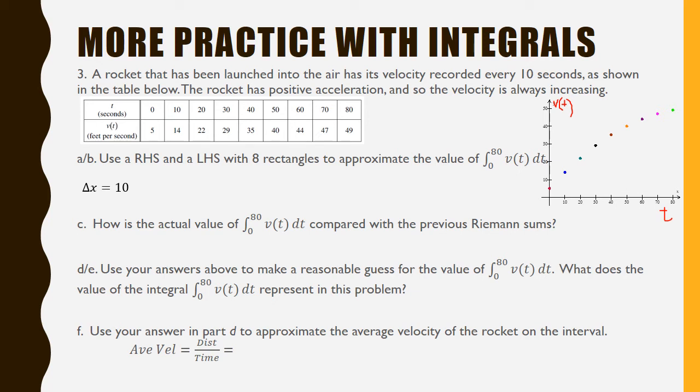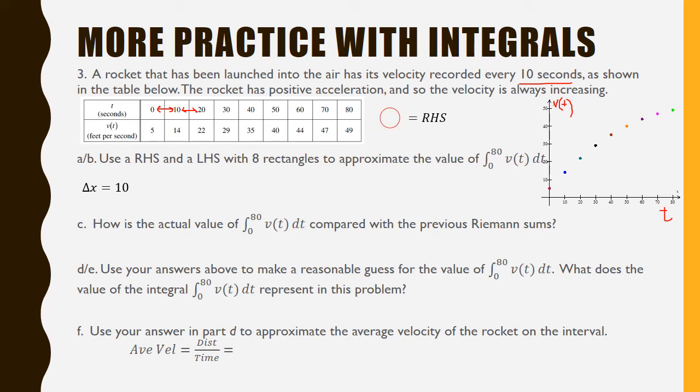Because we're recording every 10 seconds, that is our delta x. You could also do 80 divided by 8 to get 10. And that's our delta x, so that's how wide our rectangles are all going to be.